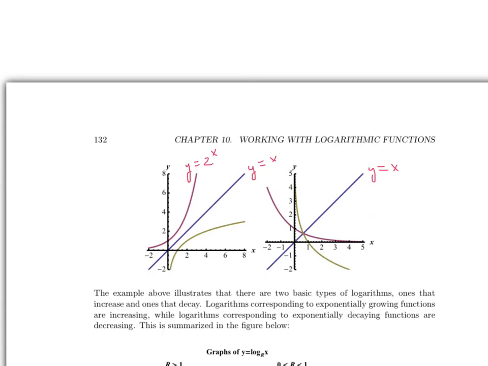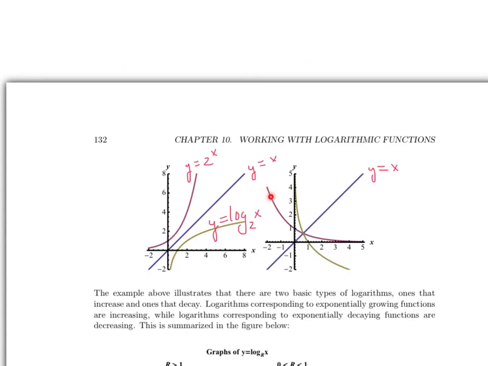If this is the graph of y equals 2 to the x, notice that this graph, which is the mirror image of this graph, this one must be the inverse. So therefore, this graph must have equation y equals log base 2 of x.